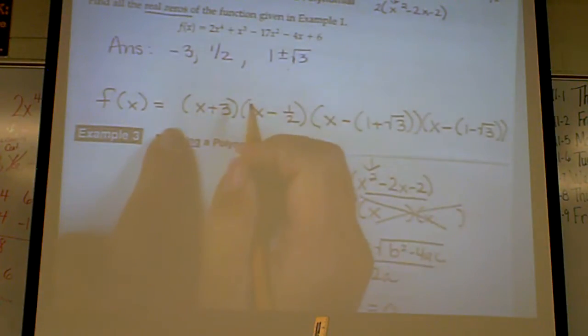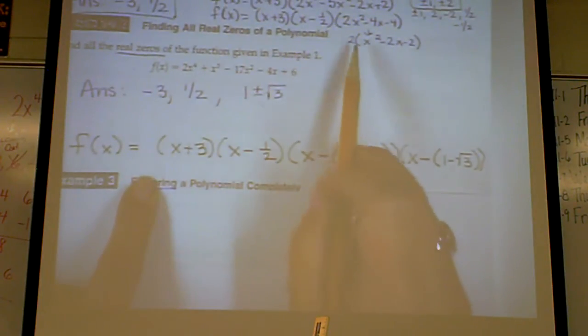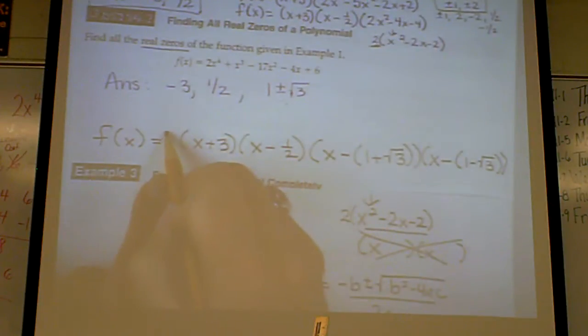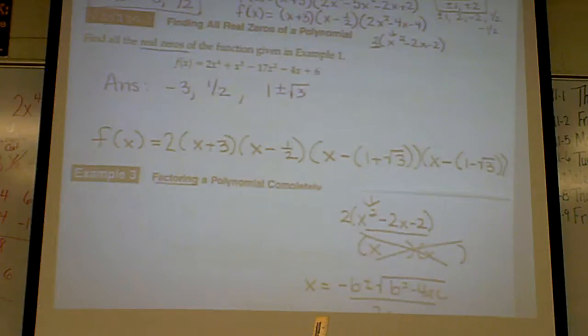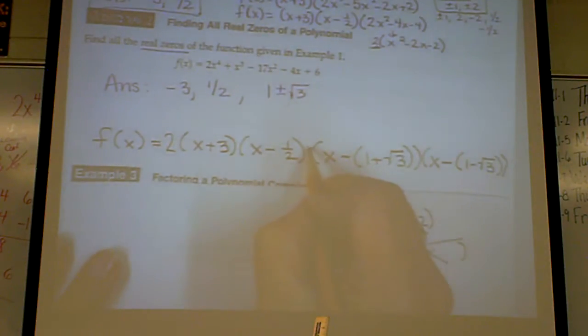And there's one more little thing you got to bring down. That 2. We pulled it out just to factor that trinomial. Put it out in the front. It doesn't look right sandwiched in here. You put it out in front.